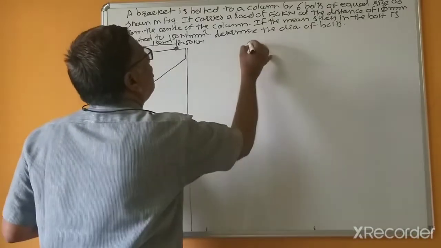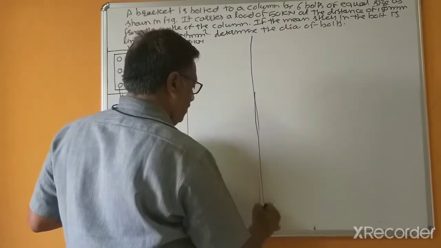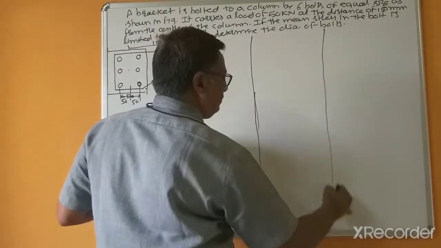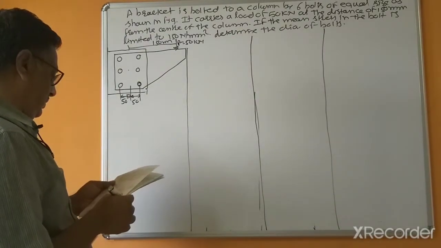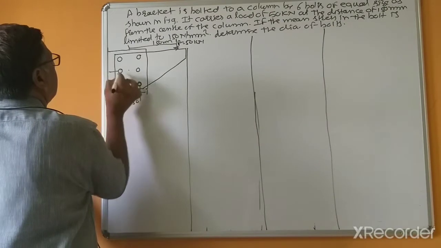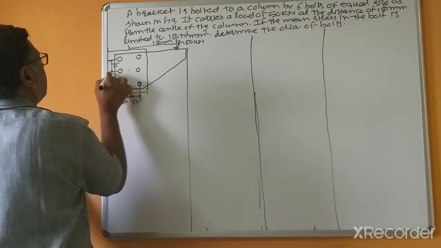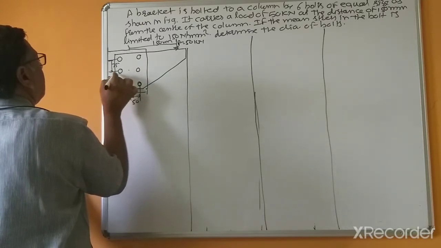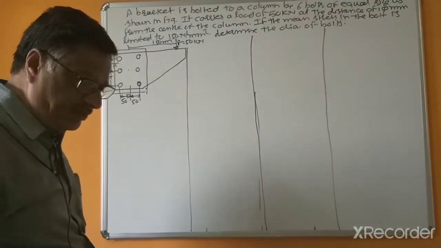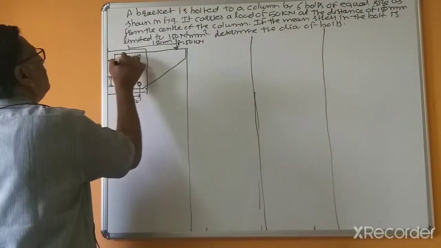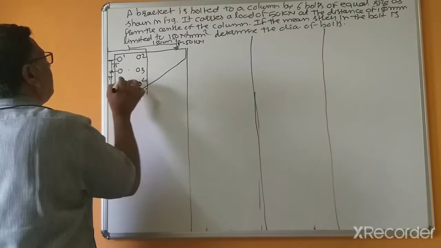Because this is a big problem, that's why I split our board into 4 parts. And this is 75. First, I give numbers. Suppose this is 1, this is 2, this is 3, this is 4, this is 5, and this is 6th.